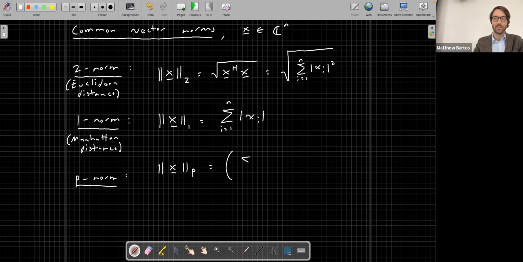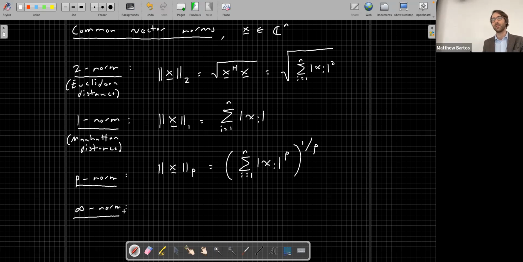If we take the sum from i equals 1 through n of the absolute value of the elements in x raised to the P power, and then take the 1 over P power of that sum, that gives us the P norm of a vector. So it's just a generalization of the 1 and 2 norm to higher orders. And the final common norm that we deal with is called the infinity norm.